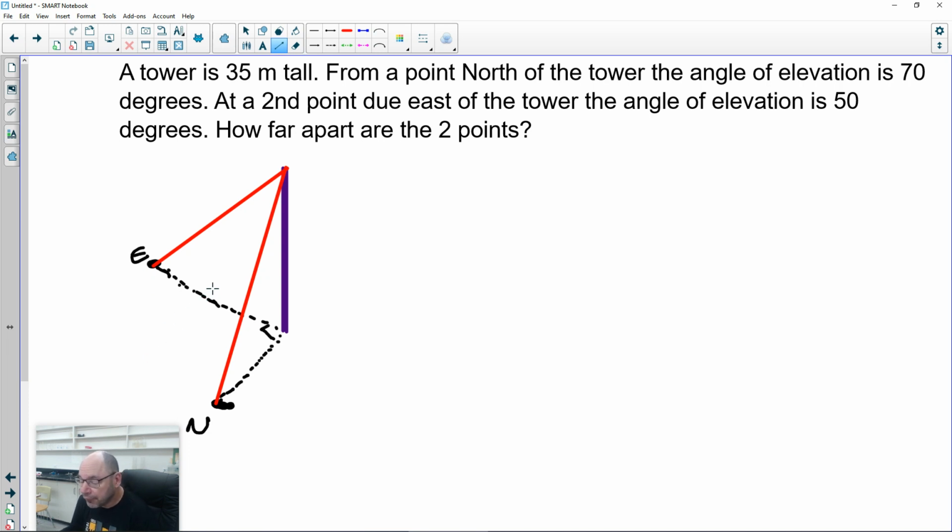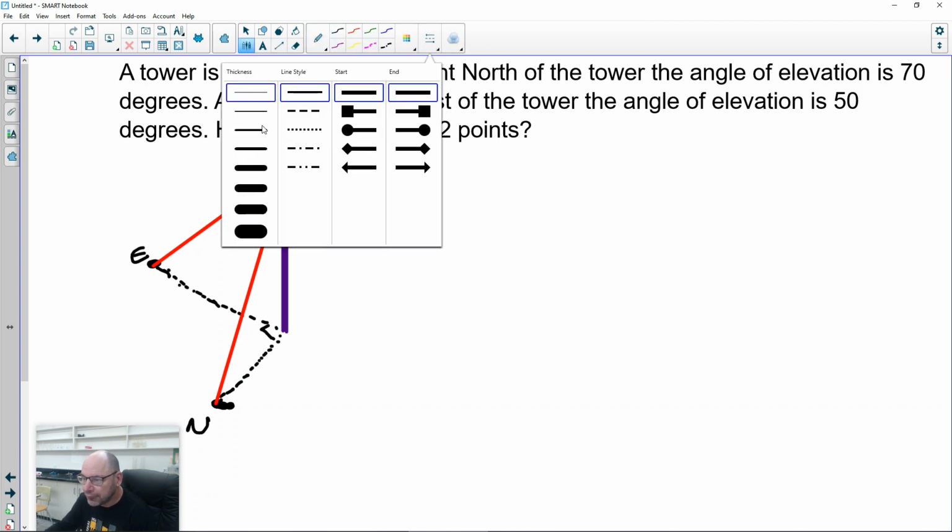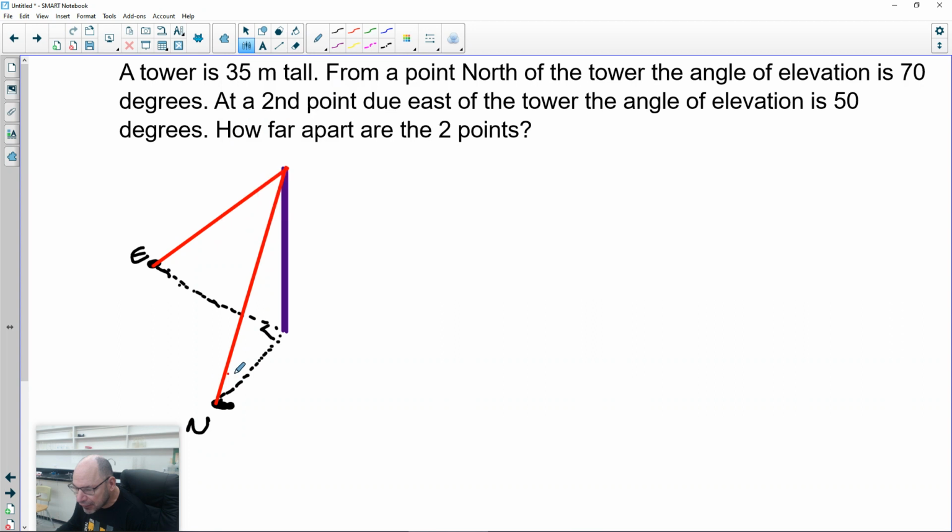Okay, so this one here, from a point north, the angle of elevation, this is 70 degrees in that corner there, so we'll put it in there. 70 degrees with the ground. Okay, and this one here is 50 degrees. Okay, and we want to find what's this distance here, which we'll draw in blue.